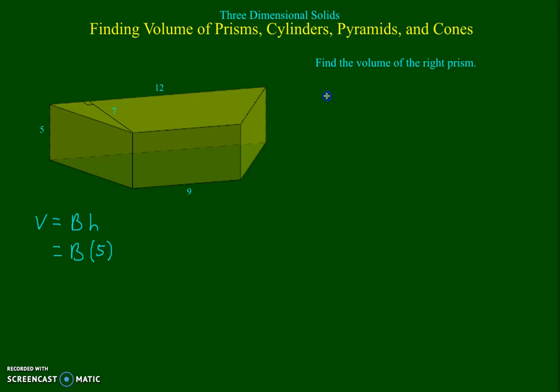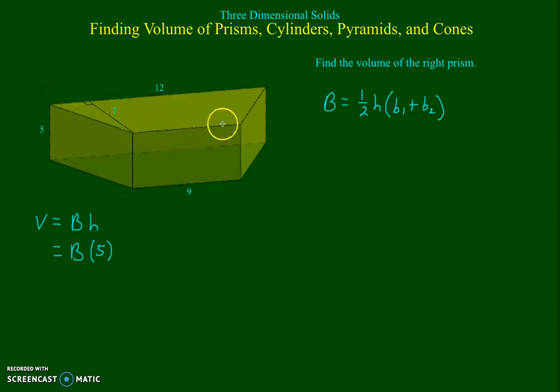So let's go up here. Area of the base is the area of a trapezoid. And if you recall the area of a trapezoid, it is 1/2 height times base 1 plus base 2. Hopefully you remembered that. In this case, we know that the height of this trapezoid is 7, and this distance from here to here is going to be 12, and this distance is 9.